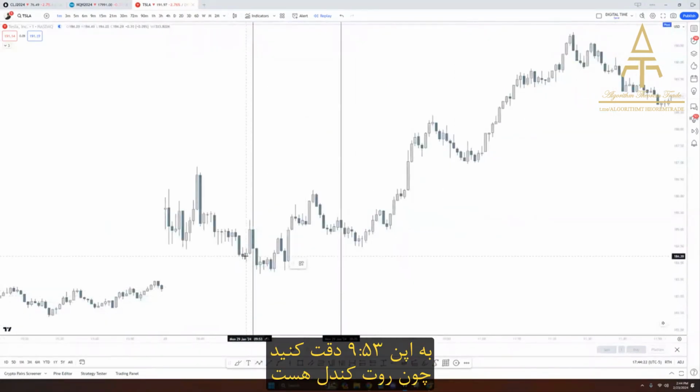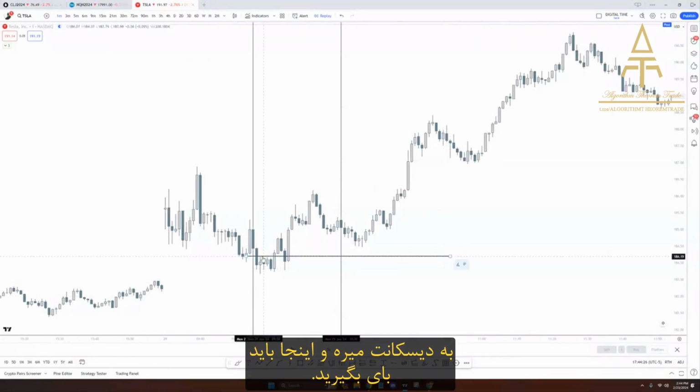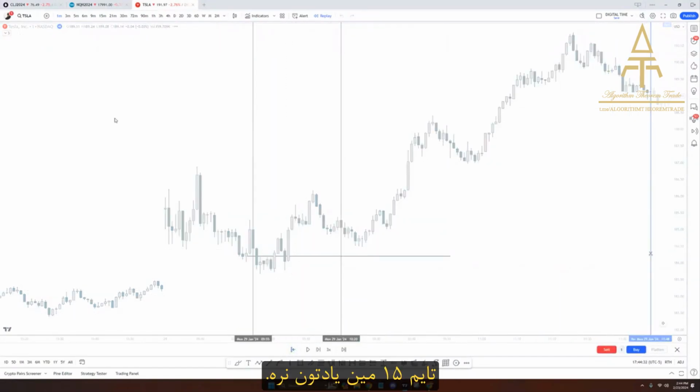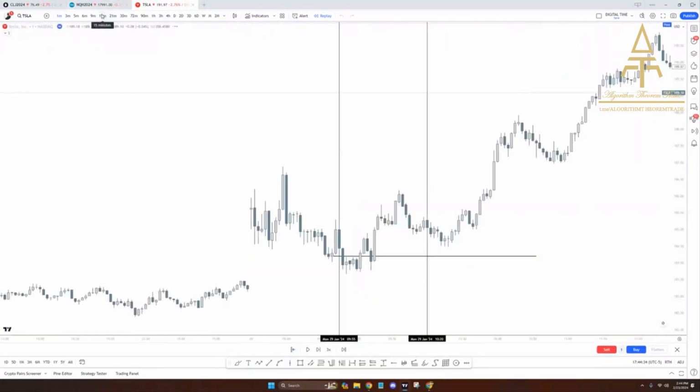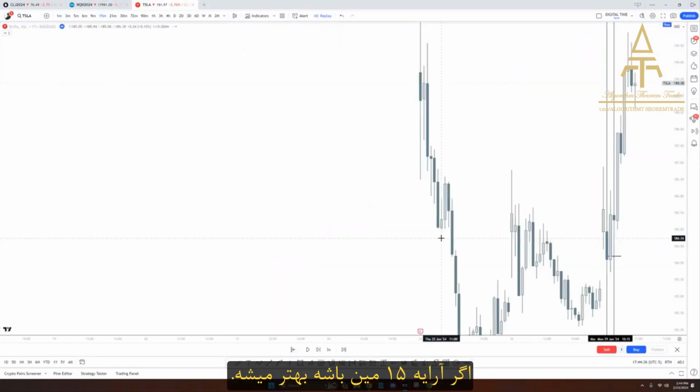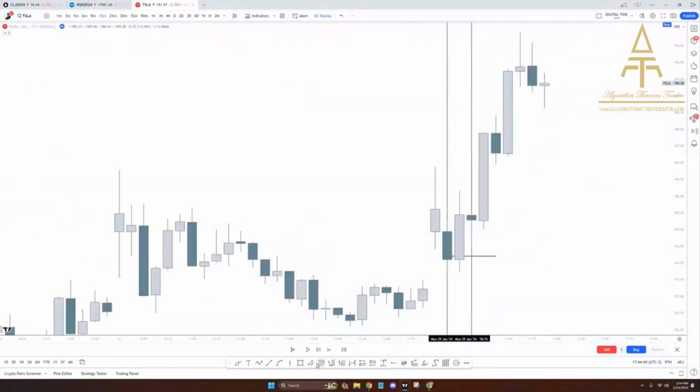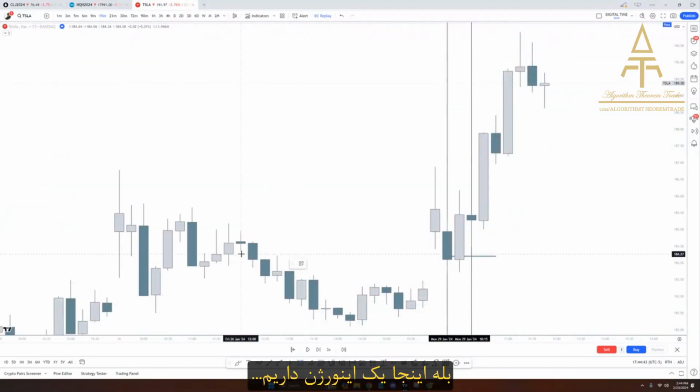The 953 opening price. It's your root candle. Goes into discount of that. This is where you're going to want to long. Observe, again, the 15-minute time frame. Makes it higher probability if there is a 15-minute PD array there. In this case, there is. There is an inversion right here that we must pay attention to.